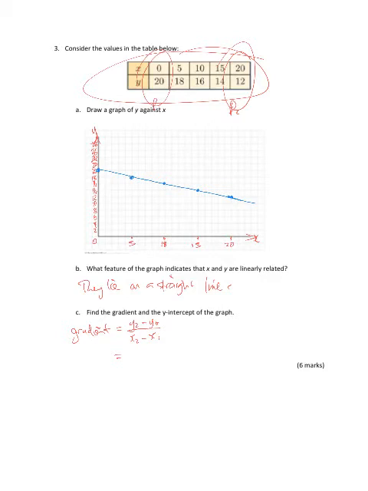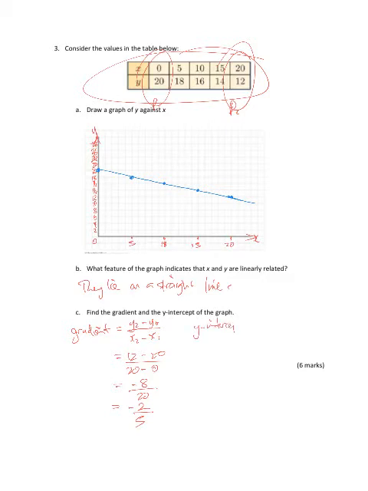So the y of the second point is going to be 12, and the y of the first point is going to be 20. Take the x of the second point, which is 20, take the x of the first point, which is 0. 12 take 20 is minus 8. 20 take 0 is 20. That's going to be, cancel it down to negative 2 over 5. Divide both by 4. So the gradient is negative 2 over 5.